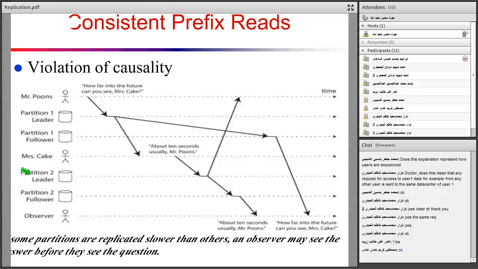It's possible that some messages are stored in leader 1, and other messages are stored on leader 2.